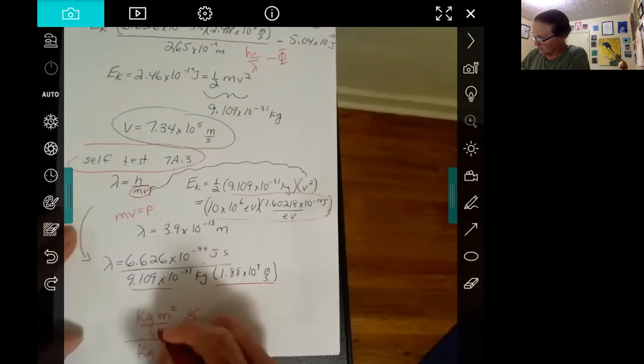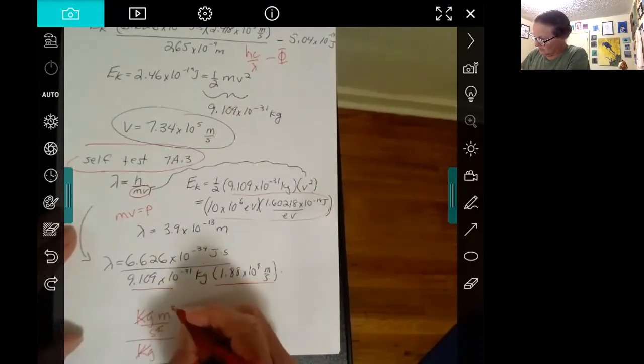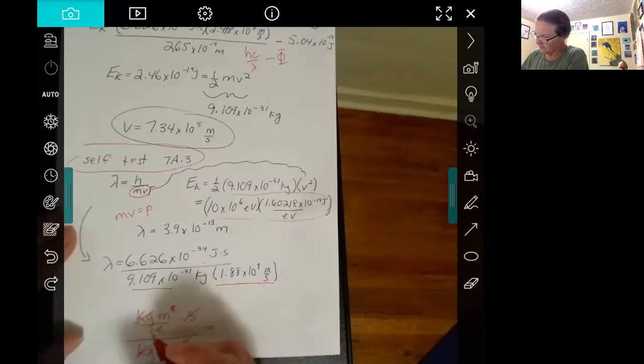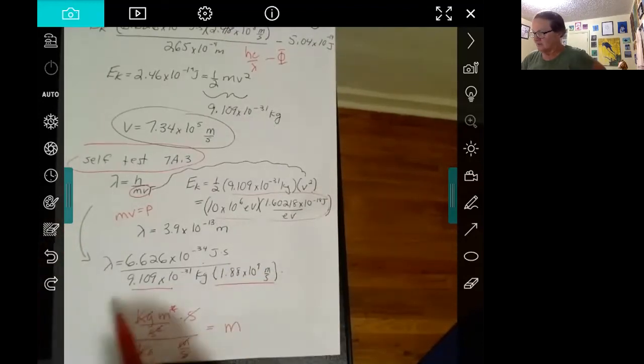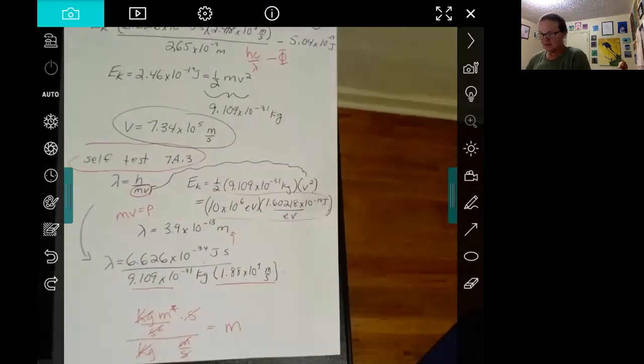That will cancel one of those. That will cancel that. One of those will cancel that. Then we have 1 over seconds, 1 over seconds. So those last 2 seconds will cancel. And we'll end up with a wavelength in meters. So that's the number that I got right there.